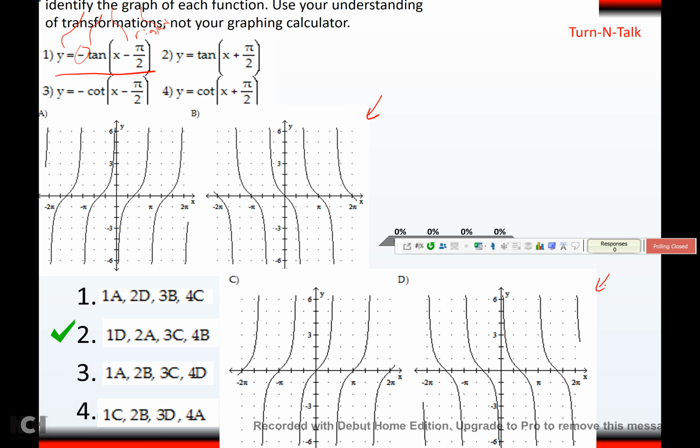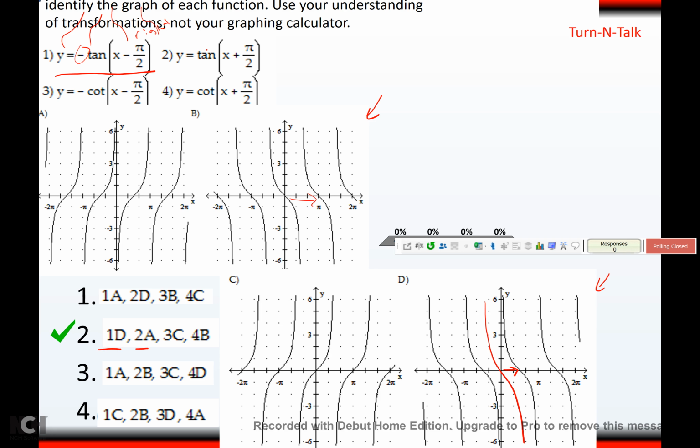Well, normally tangents start at 0. We're going negative, so this would be normally where it would be. But I have to shift to the right pi over 2 units, which would be about right there. This one, or this one shifted over too far. Okay, so 1 has got to be D.